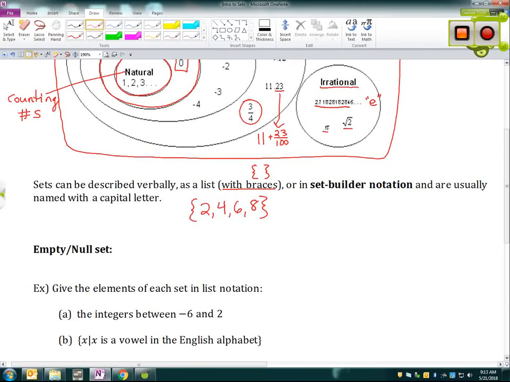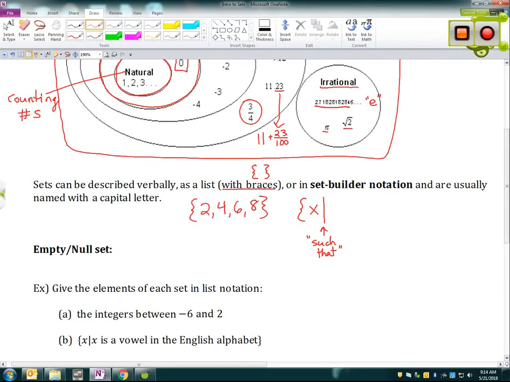And then set builder notation also has the braces, but the way that we write this is we start with the brace, and so we say the set of, and then usually there's a variable here. X is a really common one, so I'm going to say x, and then we'll see a vertical line. Sometimes the words such that are written out, but usually it's a vertical line, and it means such that.